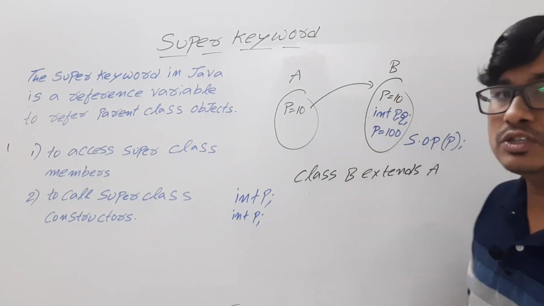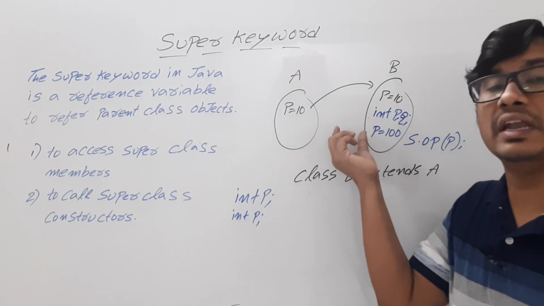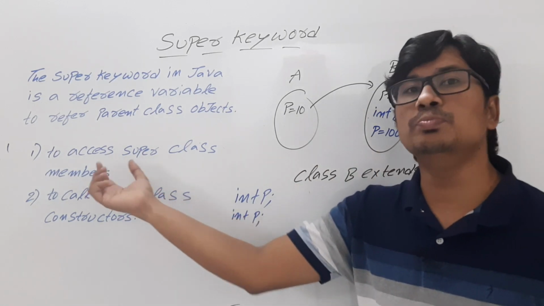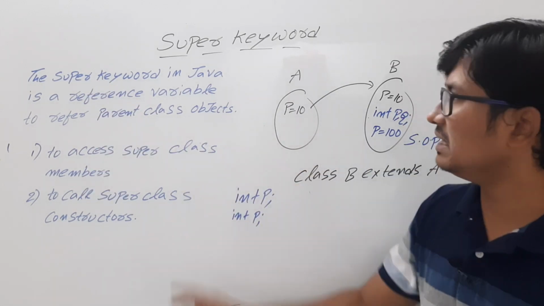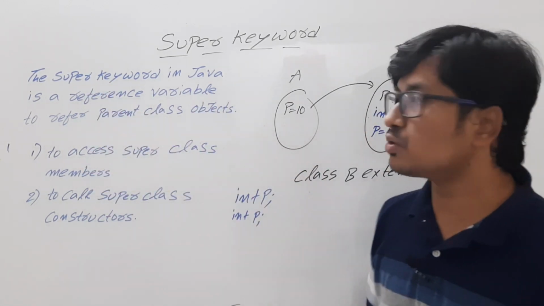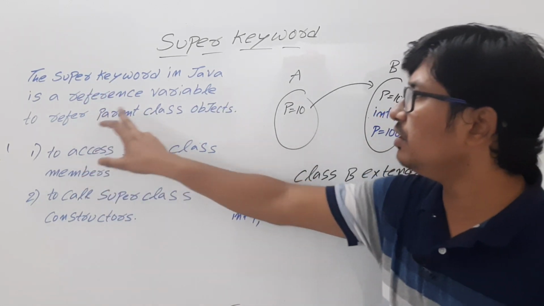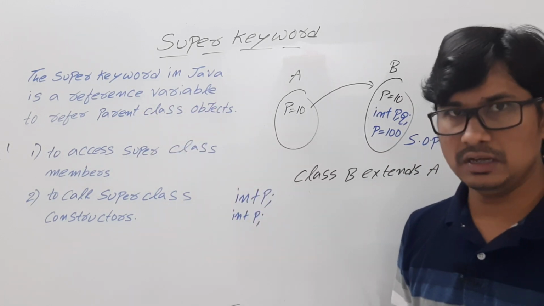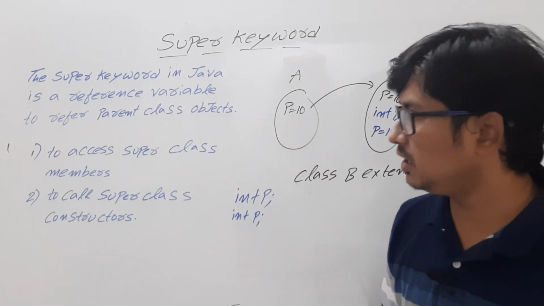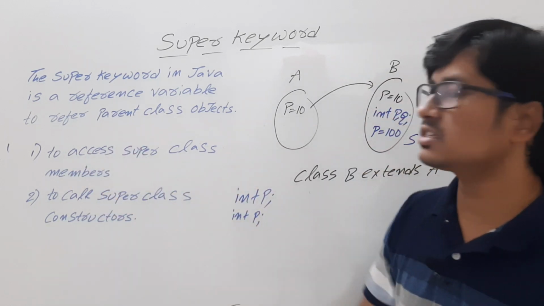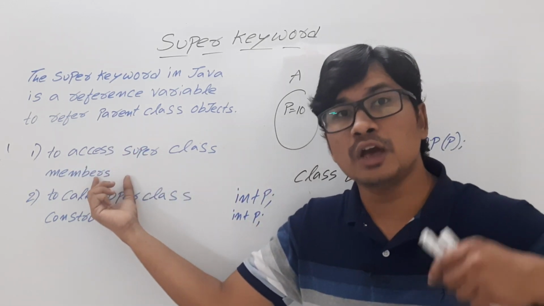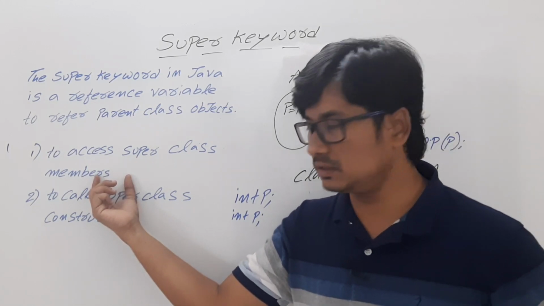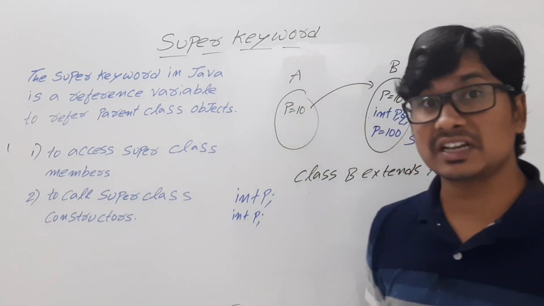But where is this p is equal to 10? If I want to print the 10, then you can use the super keyword. I hope you have understood. The super keyword in Java is a reference variable used to refer to parent class objects. With the help of the super keyword, you can access the superclass members, which are nothing but variables and methods, and also call the superclass constructor.